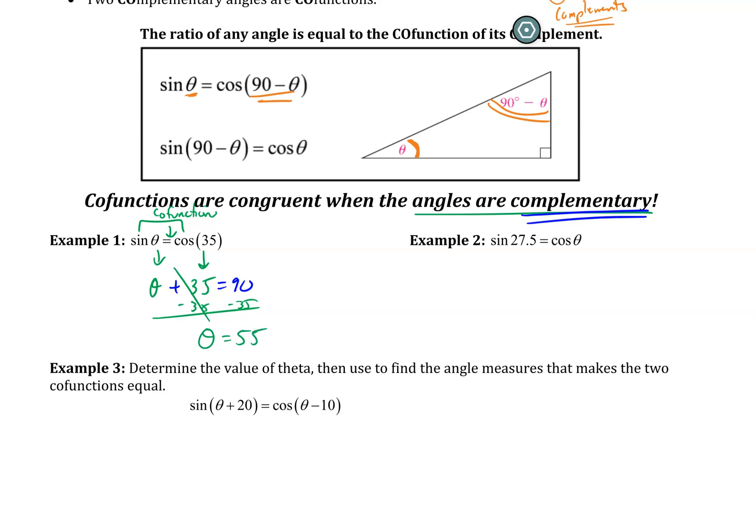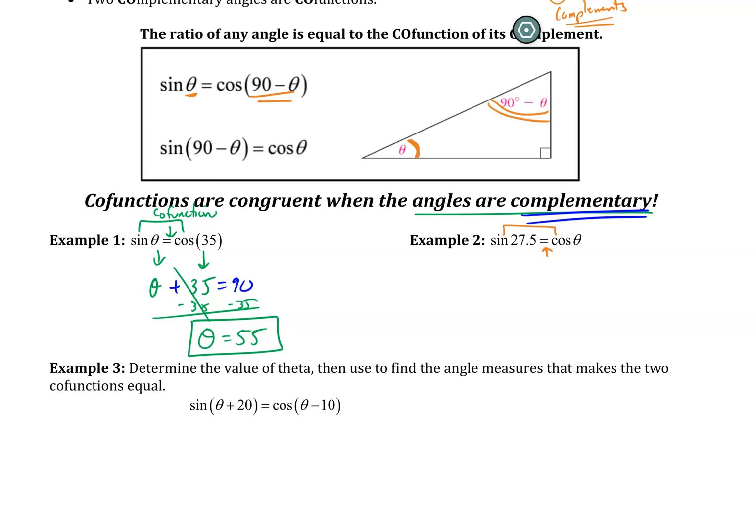So in this particular question, theta would be 55. So sine of 55 degrees is equal to cosine of 35. Let's do it again for this one. Here again, I've got sine and cosine, which are cofunctions. They're telling me they're equal.